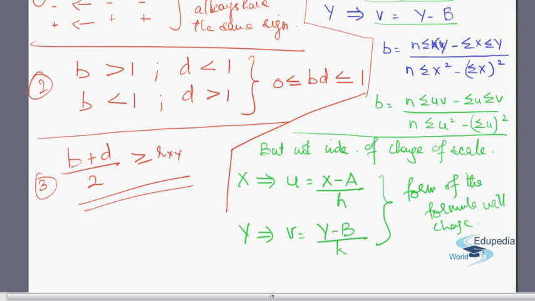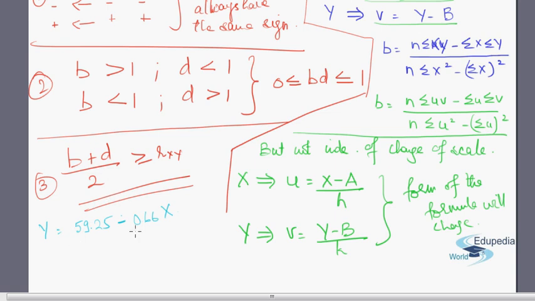Equation of y will be equal to a plus bx. What's the value of a? It's 59.25, and b was negative, so minus 0.66 x.